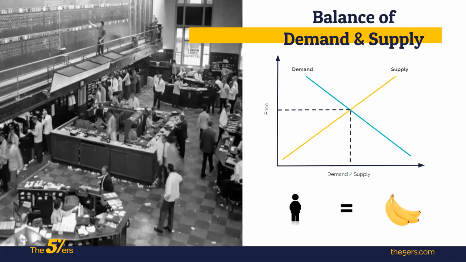So supply and demand is what defines the balance between the people that are coming with the intention to buy a commodity, to buy the stock that is being sold, and the supply side, which are the sellers, the people that are already holding the asset and are willing to sell.